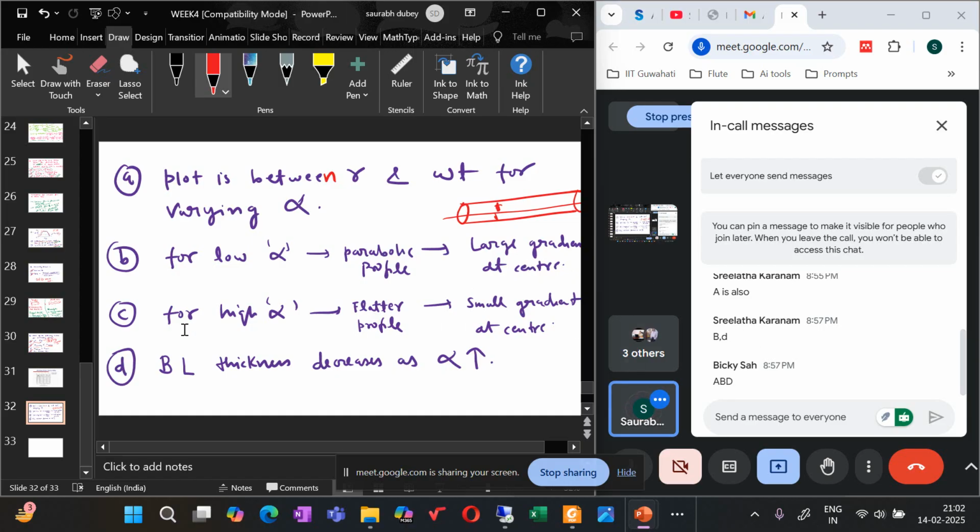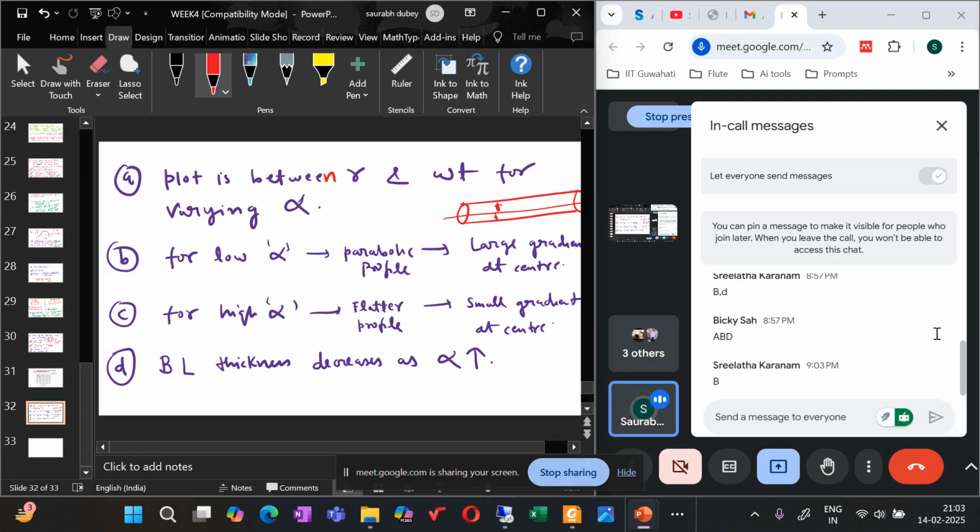And for high alpha, the velocity profile is flatter, as I was saying, and there is a small gradient at the center, right? So anyone, please attempt, even if you are unable to give the actual correct answer, just attempt, then only you will be able to correct it. It's tricky, based on a graph.